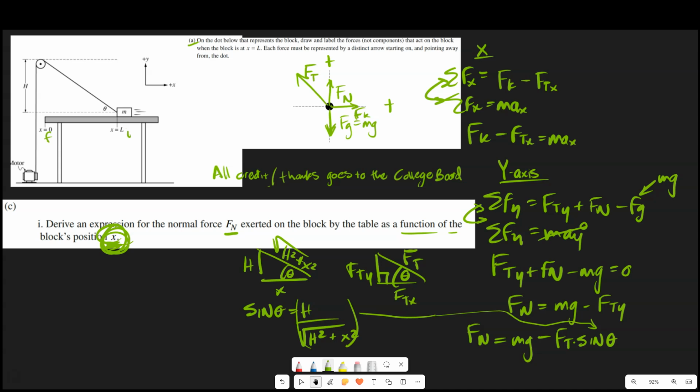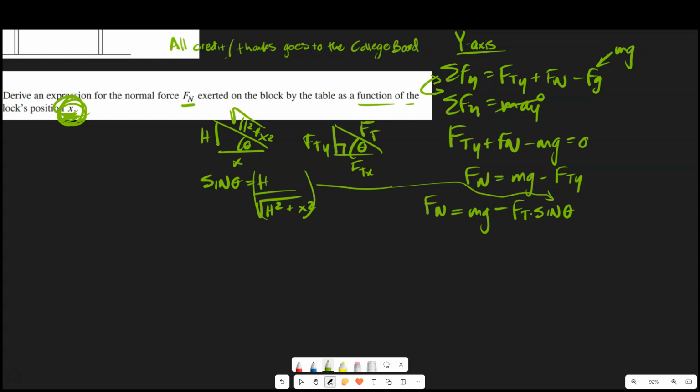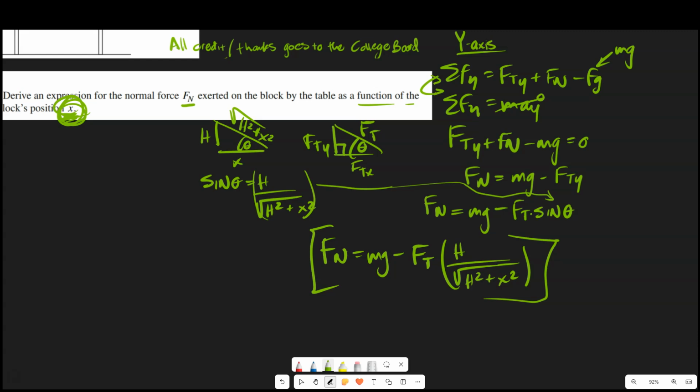So I need to drag this up to give myself a little bit more room so we can see what we're doing here. We're going to say Fn is equal to mg minus Ft. Remember, we can just leave Ft as is because they told us we could. And then this is going to be h over the root of h squared plus x squared. Okay, let's box this because we may need to come back to this later.